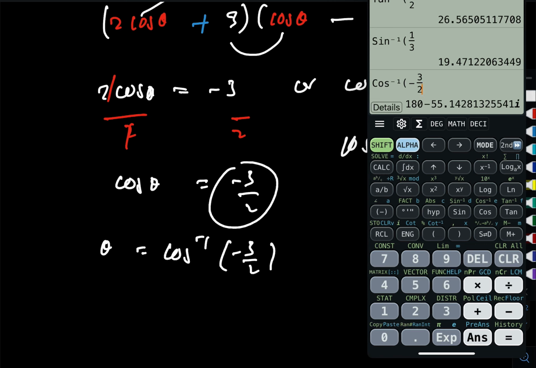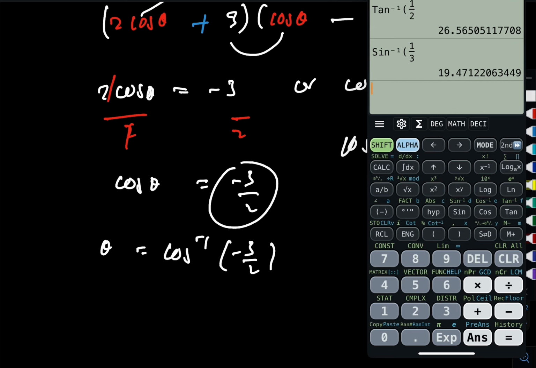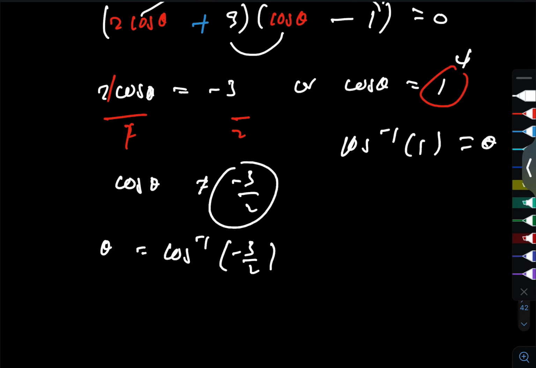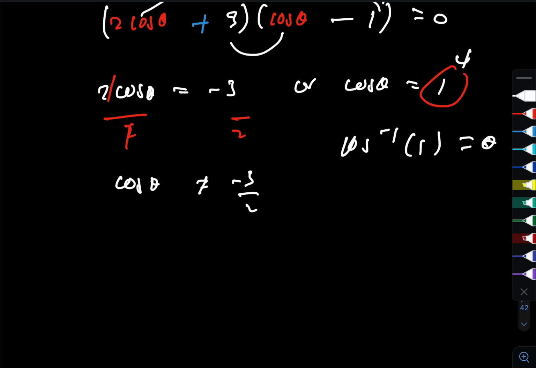The reason is because this one, I don't think we'll have a solution for it. Let me check the 3 over 2, if it lies between negative 1 and 1. So 3 over 2 is going to be 1.5. It doesn't lie there. So this one won't be a solution. I was almost blinded by that one. That's why we get a rather strange number there. So this one won't have a solution. I'm just going to go ahead and say no solution for this one.